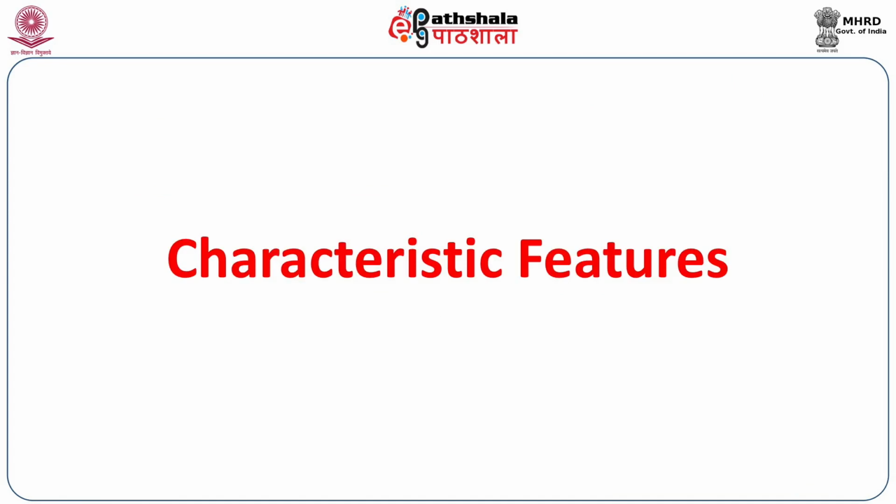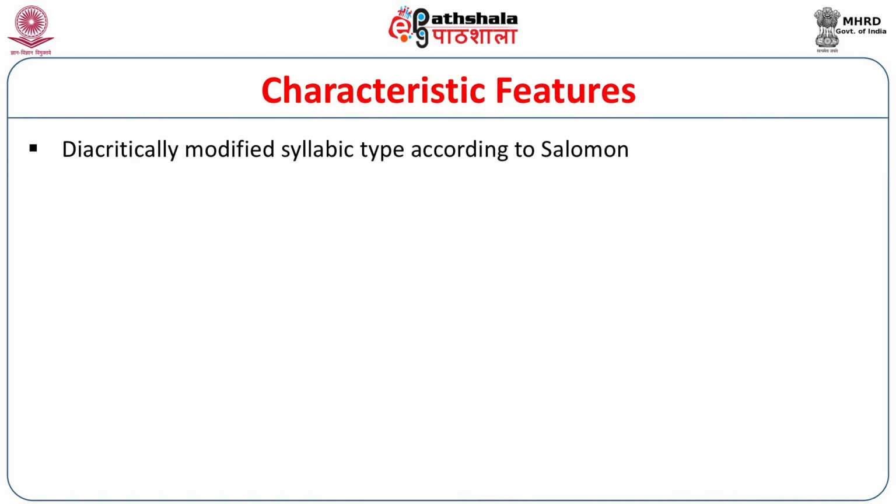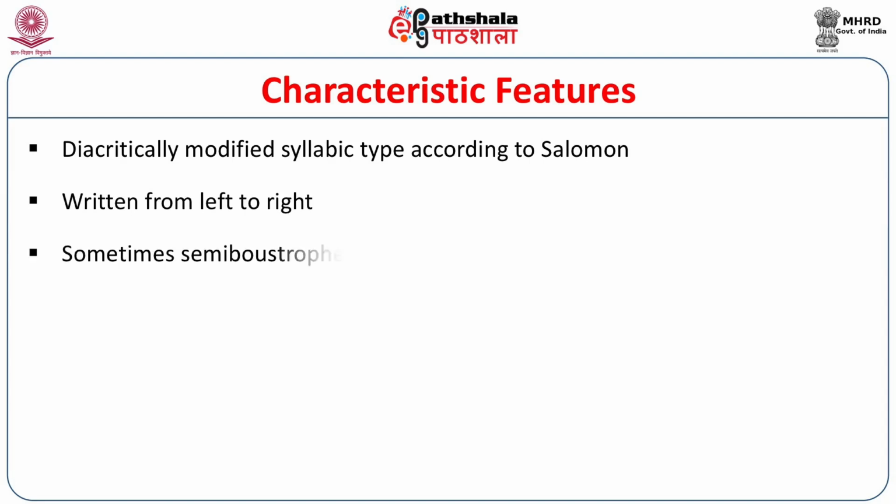And finally, we may now turn to the characteristic features of writing in early India. First of all, this has been called by Richard Salomon a diacritically modified syllabic type of script. Secondly, as we all know, this is written from left to right.